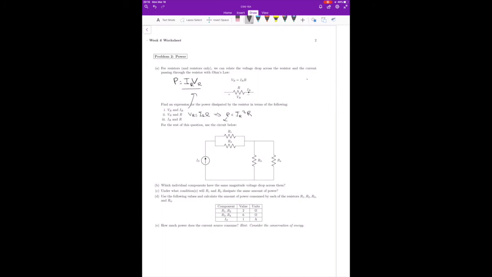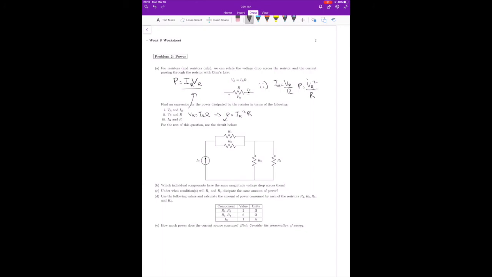Okay, and then they want VR and R, so we're going to get rid of this current. Let's do part 2 right here. IR is going to be VR over R, and therefore this power is going to be VR squared over R.